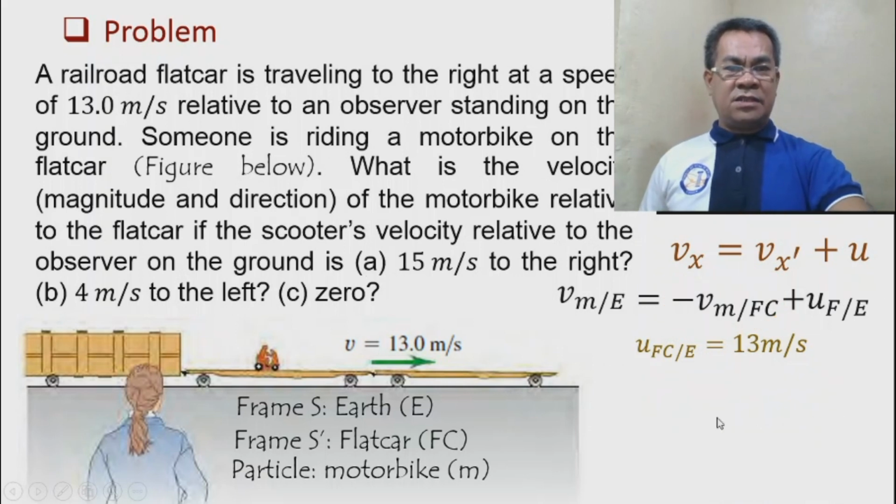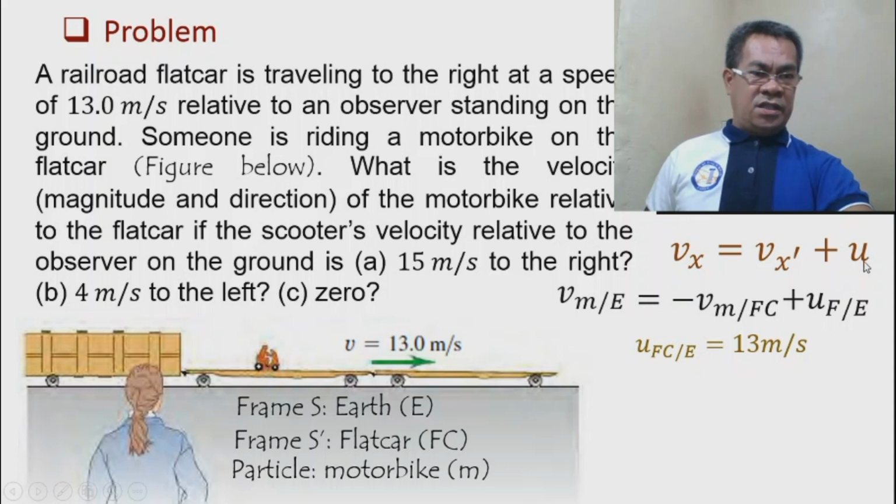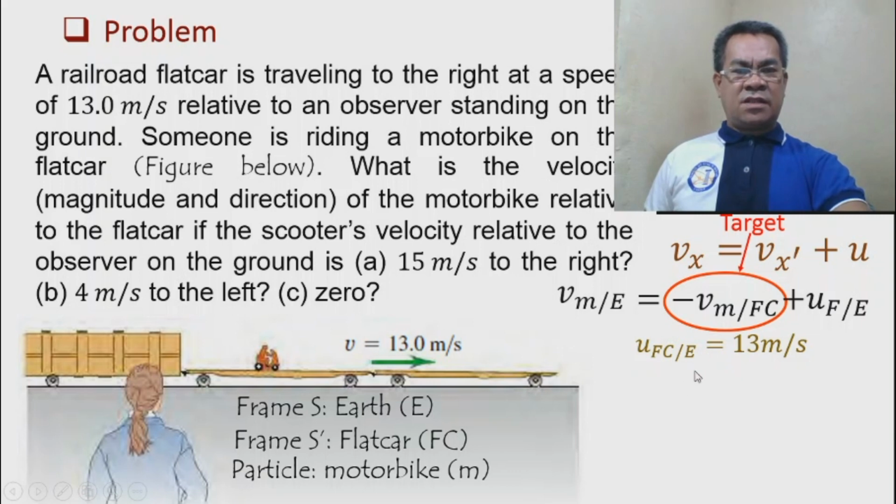So, in letter B, take note, the only difference in this problem is this will become minus. Why? Because previously we used the positive because the direction is the same as the direction of the flat car. But this time it is in reverse, so this should be a negative value. So this is our target.